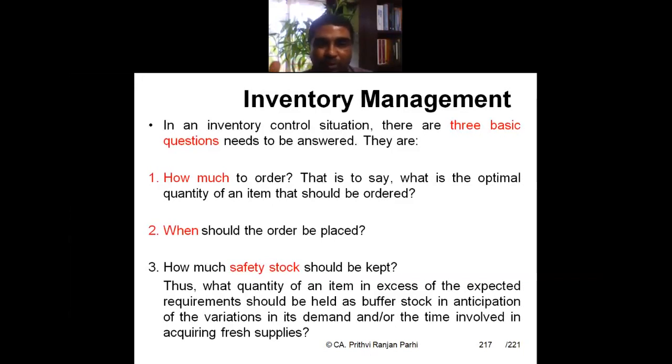We have to decide the appropriate time to place the order. And the third issue is what is the safety stock? What is the minimum stock we should maintain? In no situation should our stock fall below the safety stock. So at which point should we place the order, what is the safety stock and how much to order? These are the three main issues to be addressed in inventory management.